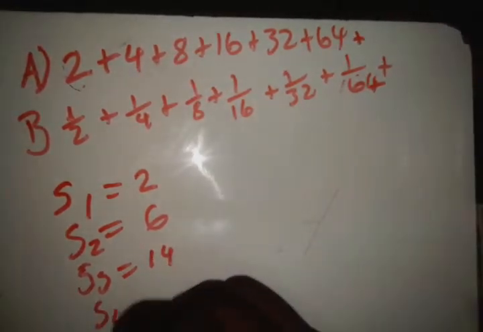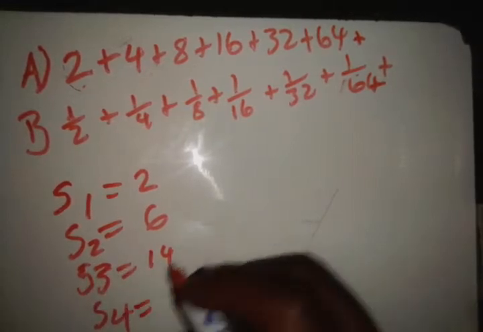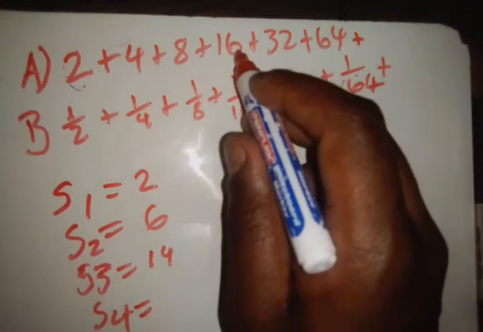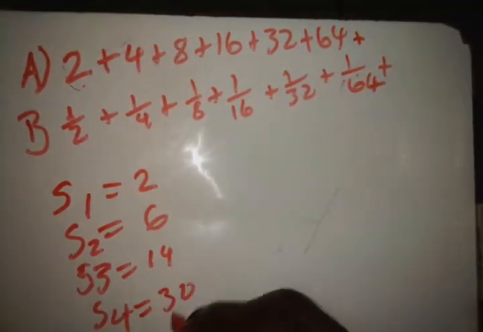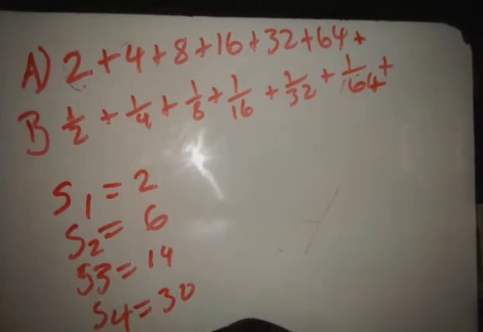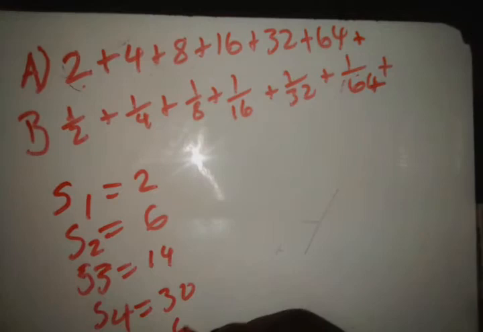The sum of four terms, which is 14 plus 16, because it's just this whole stuff plus 16, which is 30. The sum of 5 terms, which is 30 plus 32, which is 62.